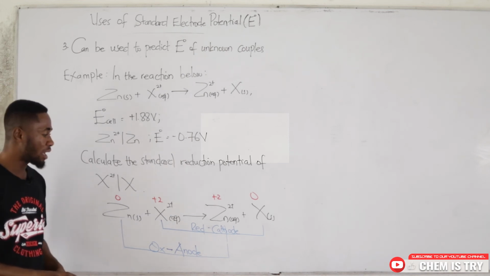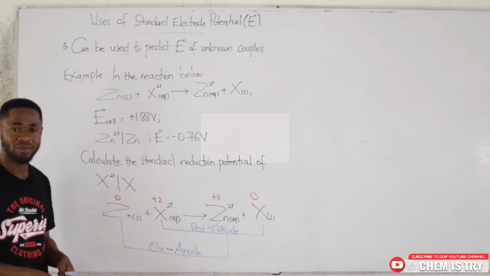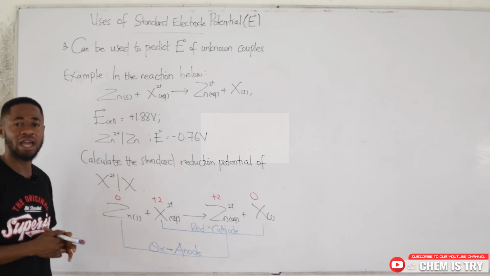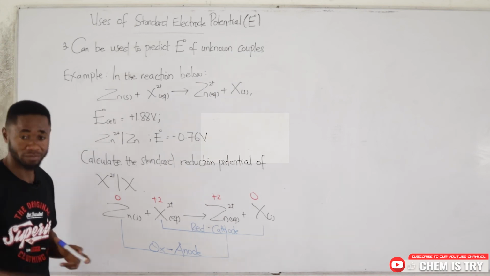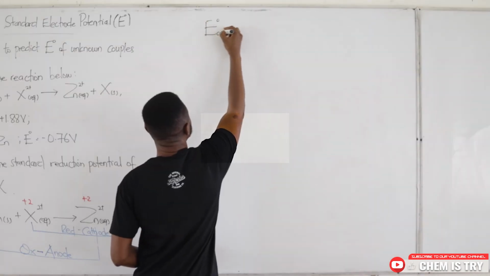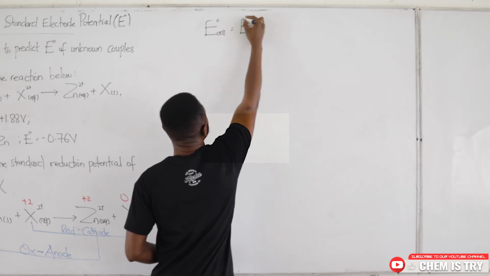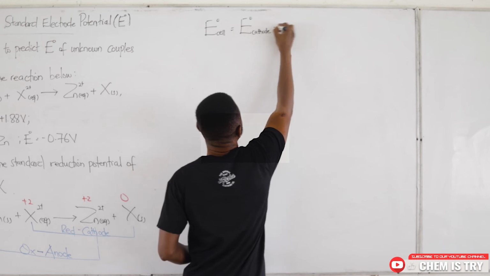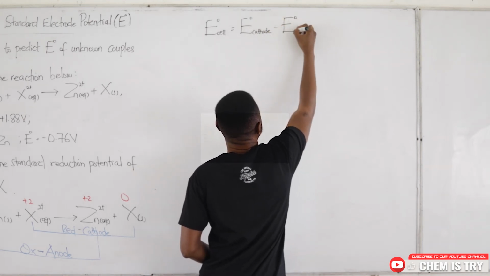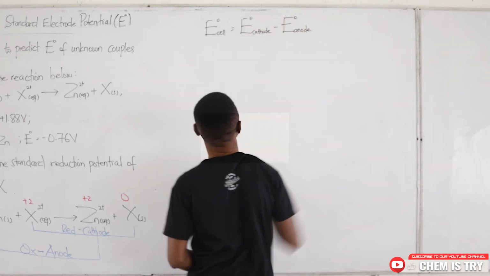So let's try and put down our formula and insert our standard electrode potential values in the formula. So the EMF of the cell is given as the standard reduction potential value of the cathode minus the standard reduction potential value of the anode.